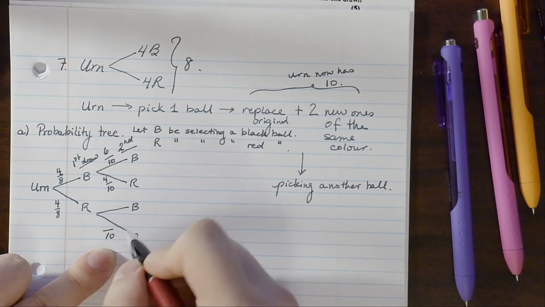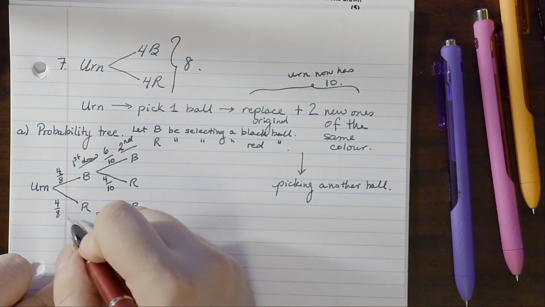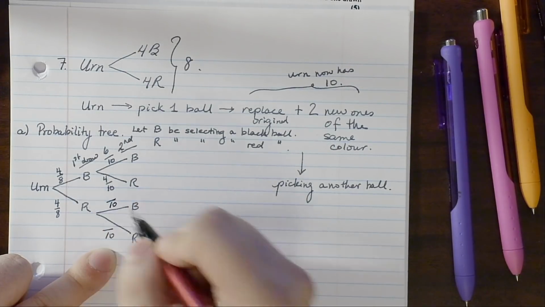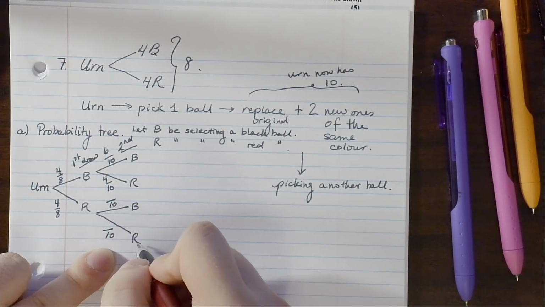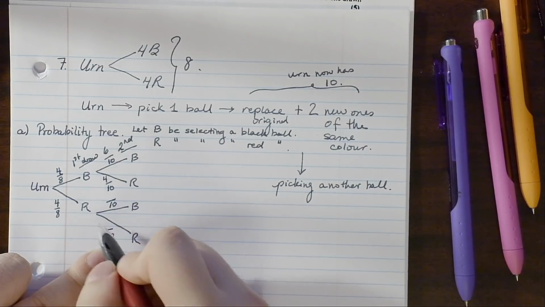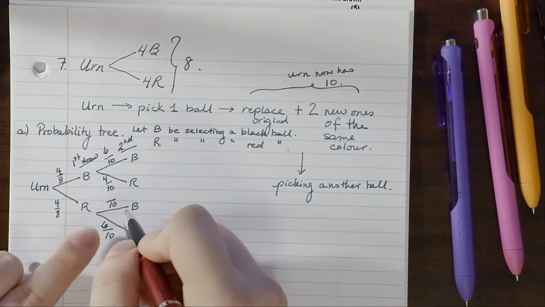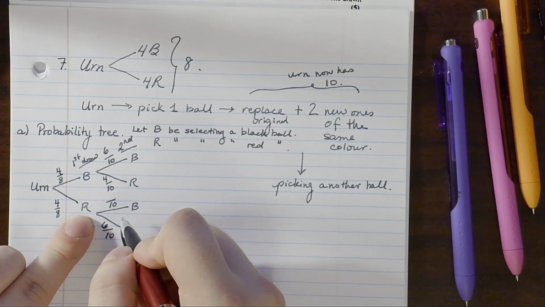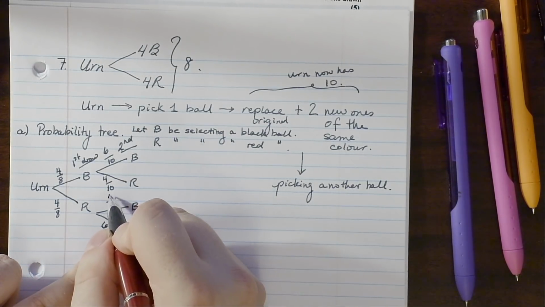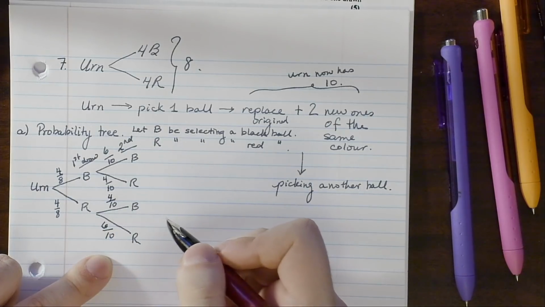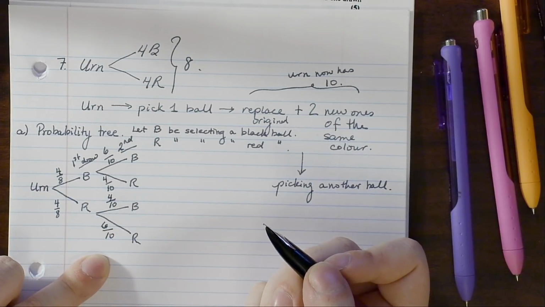So instead of having 8 balls, I'm going to put 2 more back in, and in this case, I'm not just going to have 4 reds, I'm going to have 6 reds now. And in this case, I pick a red on that one. That means by the complement rule, this should be 4/10.